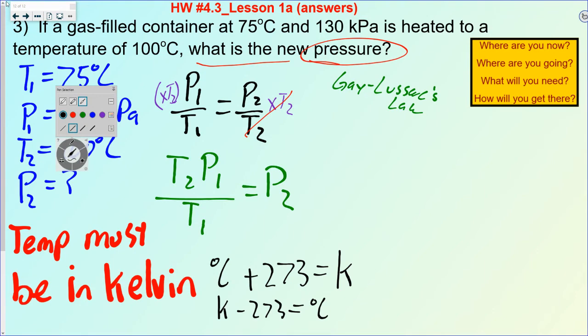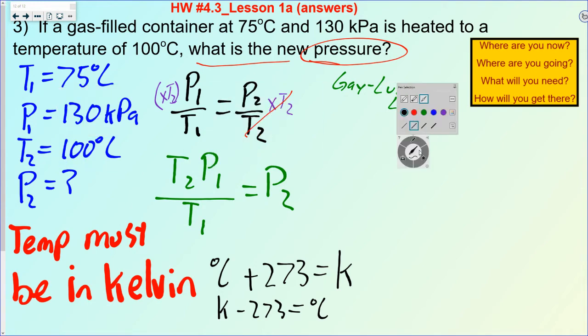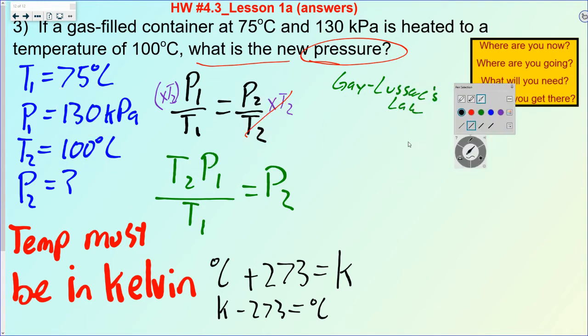And if you want to go back to Celsius, just take Kelvin and subtract 273. Given that, our new temperatures will be like this. Now we're ready to put it into the equation.